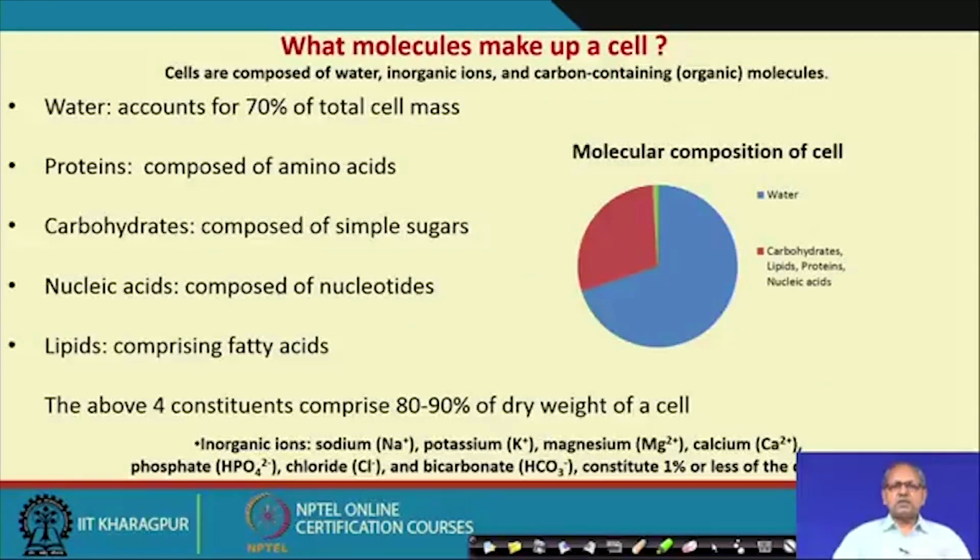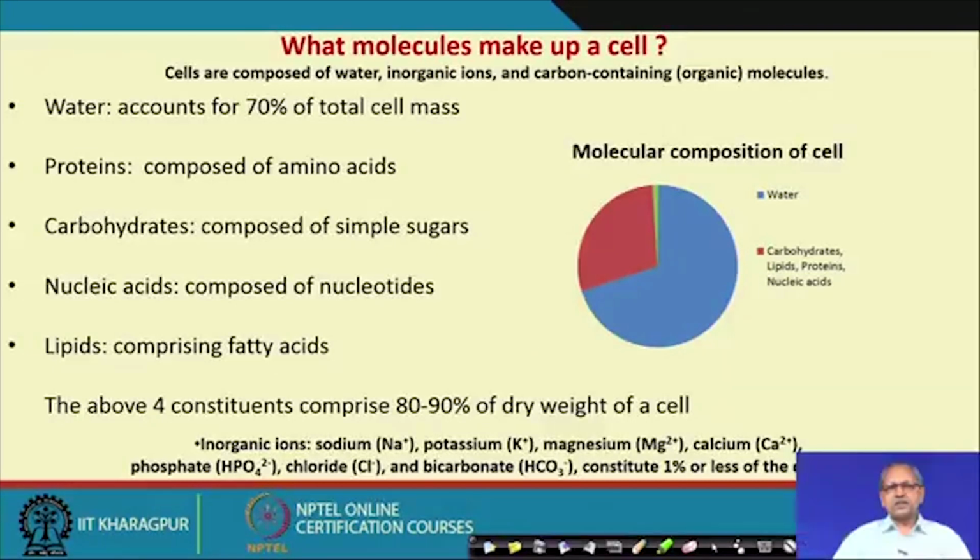Now, what are the molecules that constitute a cell? Say 70% of the cell mass is basically water, then the remaining 28% is comprised of the 4 macromolecules: protein, nucleic acid, fats and carbohydrate, and the remaining 1 to 2% is all minerals basically.